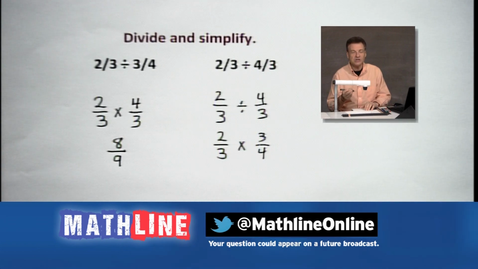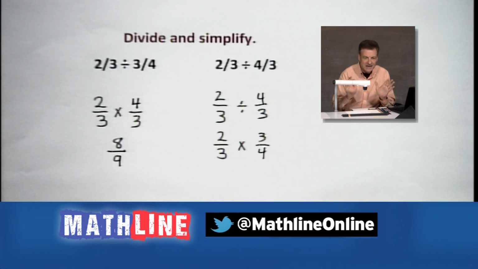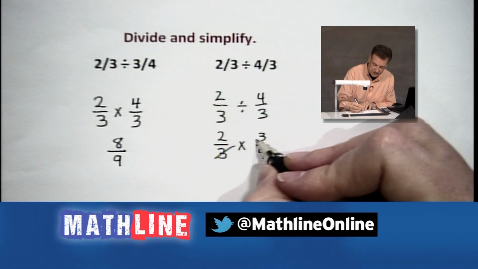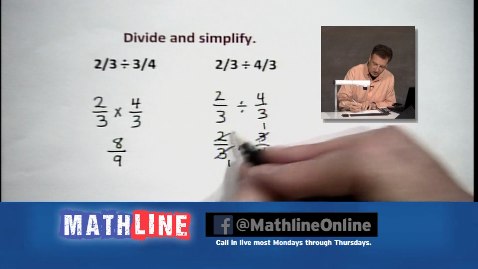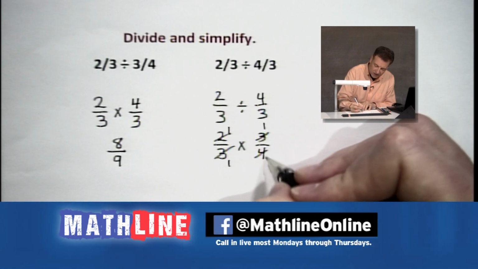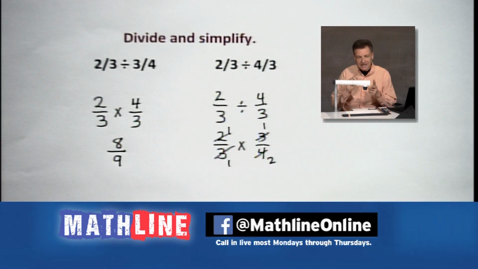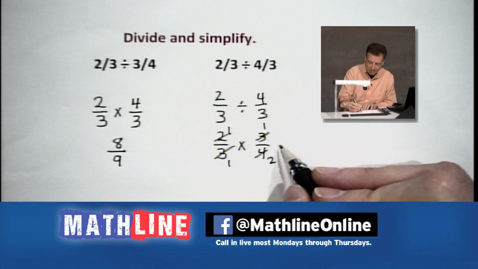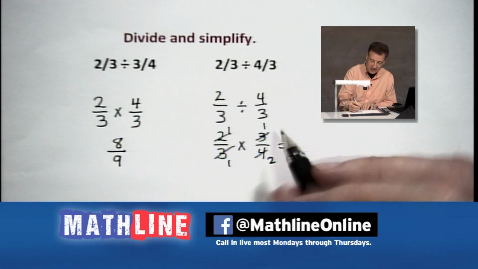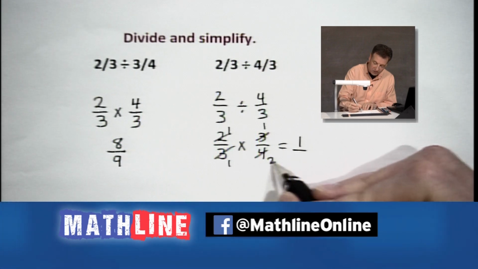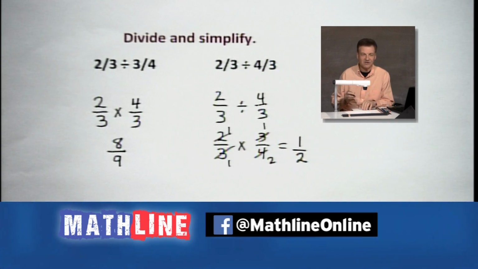Lots of things loosen up. Lots of things break out here. The 3's, say goodbye. The 2 and the 4, say goodbye. Well, keep a 2 down there, and keep those 1's up on top, because they're important. 1 times 1 gives us 1. And here we go, 1/2.